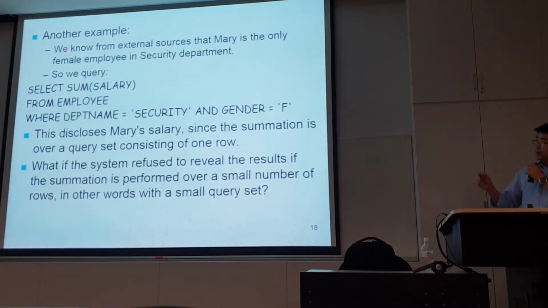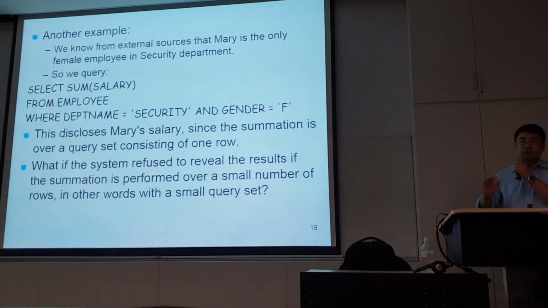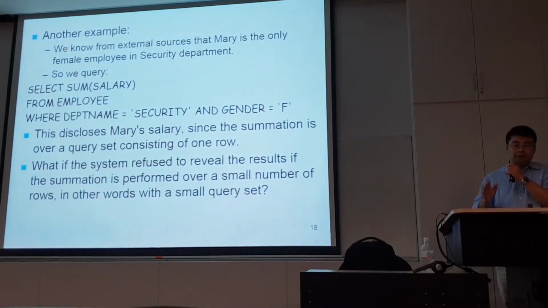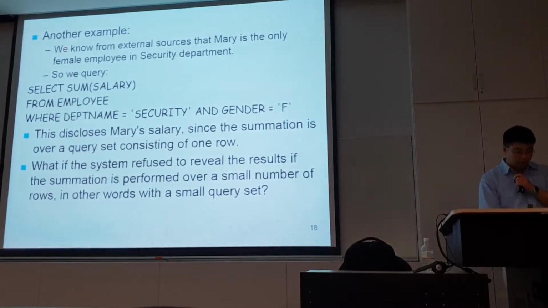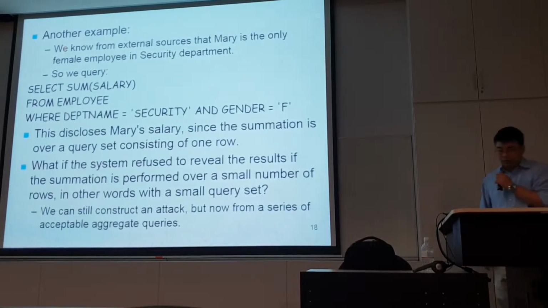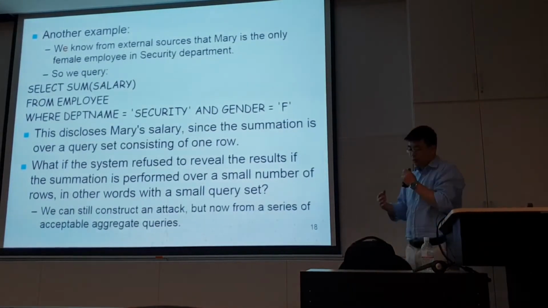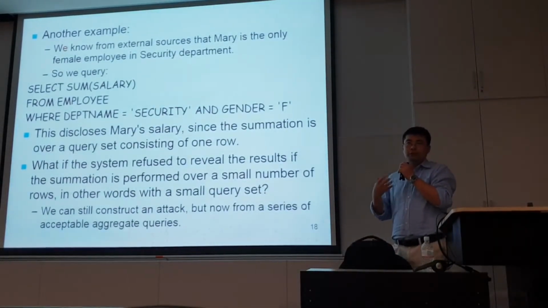If the database refuses to answer such queries when the data set contains only a small number of outputs, then obtaining the information becomes less trivial because you cannot directly obtain it. However, the attacker may still be able to construct a sequence of queries.